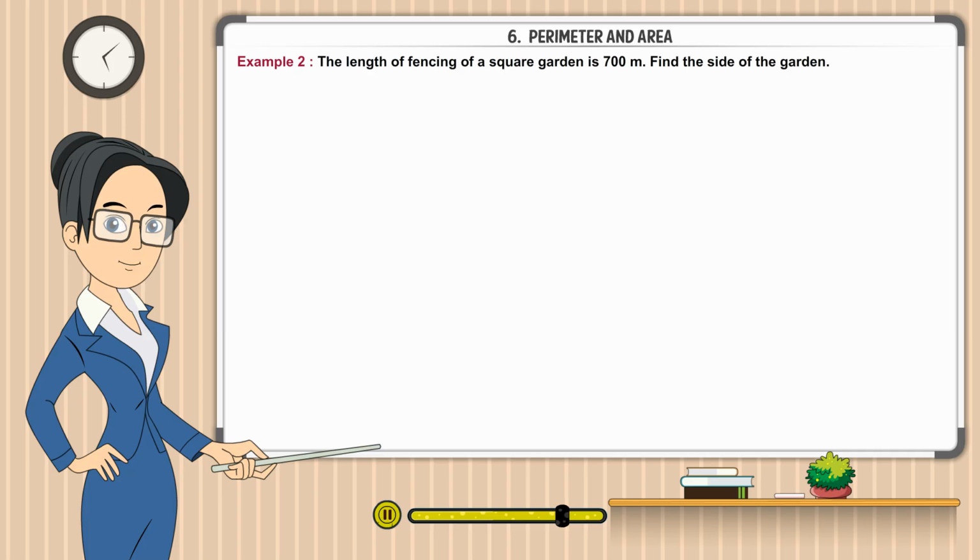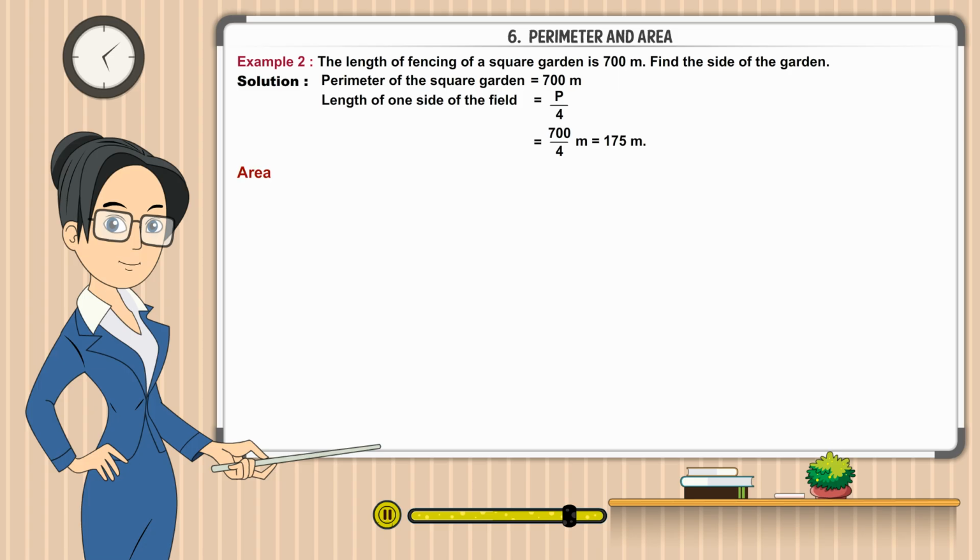Find the side of the garden. Solution. Perimeter of the square garden is equal to 700 meter. Length of one side of the field is equal to P upon 4 is equal to 700 upon 4 meter is equal to 175 meter.